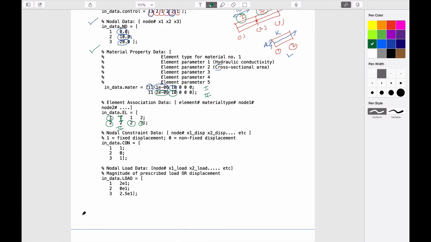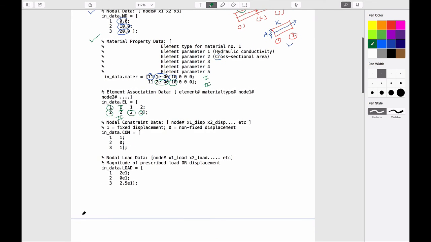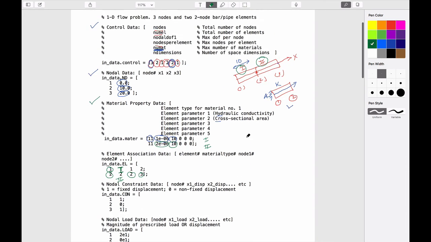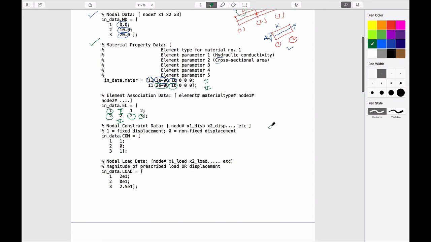And now we want to also define what the constraints are. Remember, we did different things with heads if we knew them or we didn't know them. And so the convention is that Q equals KH, F equals KU.